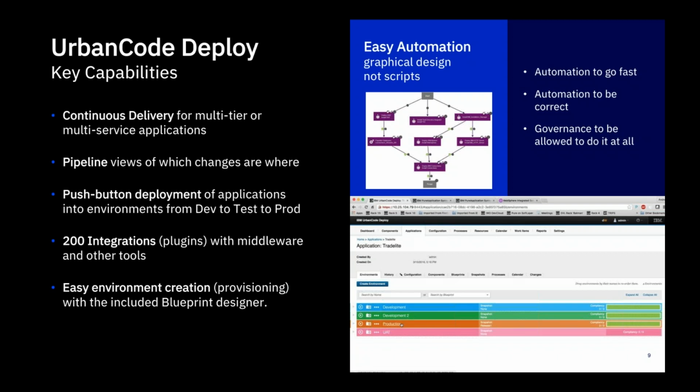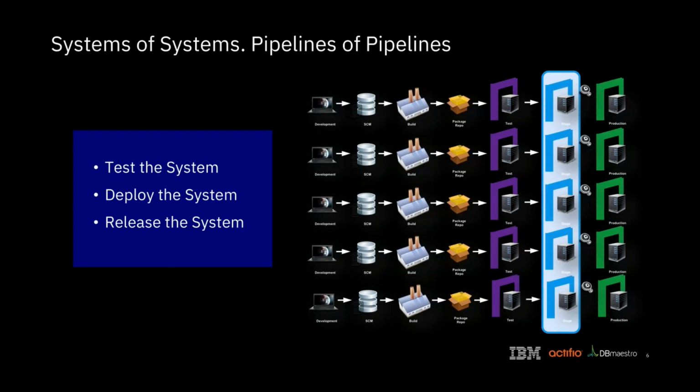We take an existing application and turn it into a lot more smaller pieces and parts. And so keeping track of what we've tested together and releasing that all together becomes even more important. So this is a key focus for us on UrbanCode Deploy. It's this problem of how do we keep all of these pieces and parts together.